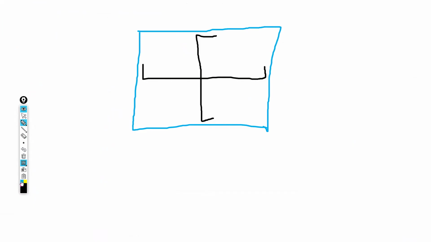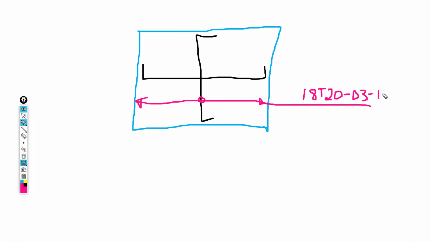When I'm detailing, I'll annotate for this bar to span from this point to that point, I'll represent it with a dot. So if these are like 18 T20s with a bar mark of, let's say, 0.3 and a spacing of, let's say, 150.